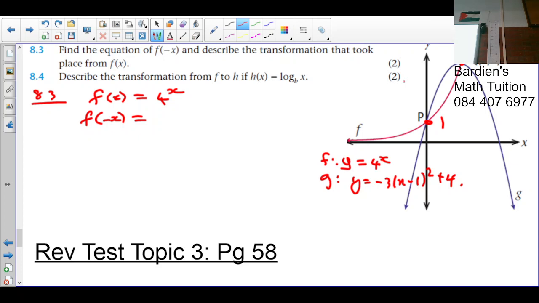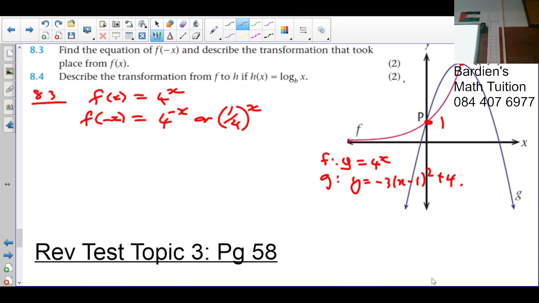Guys, make a noise, man. So what would f of minus x be? It will be 4 to the minus x, or 1 over 4 to the x. You will agree with that?